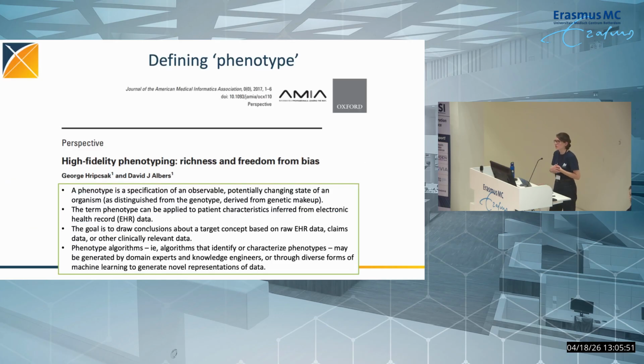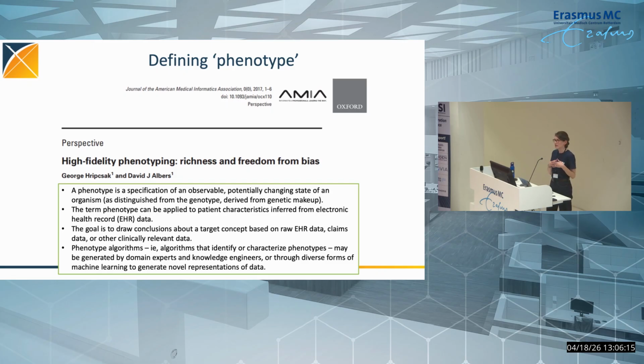First of all, what a phenotype is. I'm sure you have heard about the difference between phenotype and genotype. Phenotype refers to observable characteristics, genotype is derived from the genetic makeup, and a phenotype in real-world data refers to the inference of patient characteristics through the data coming from electronic health records, claims data, and registries.